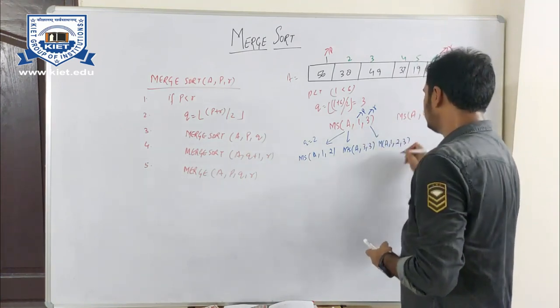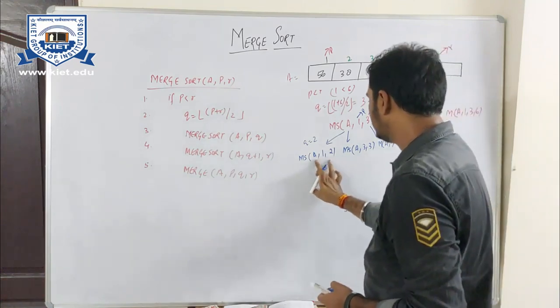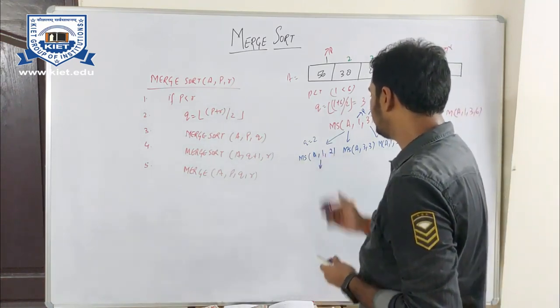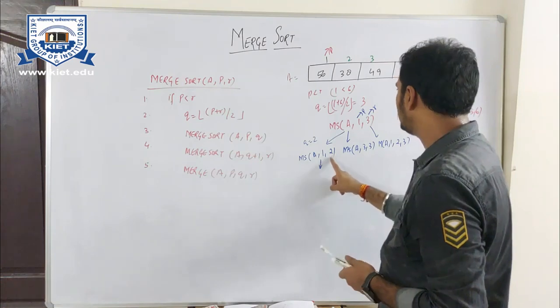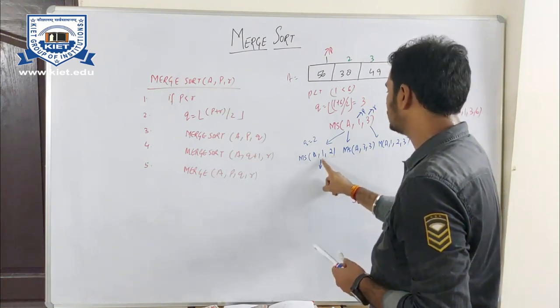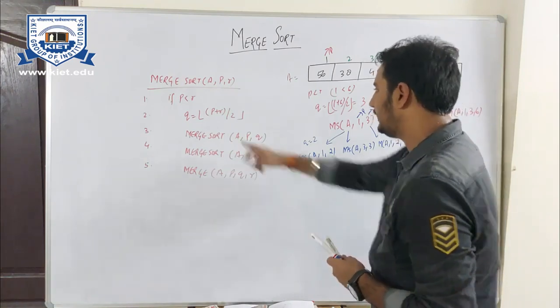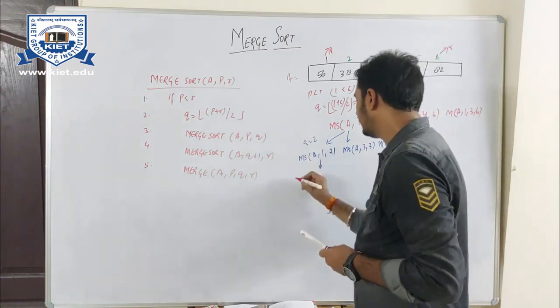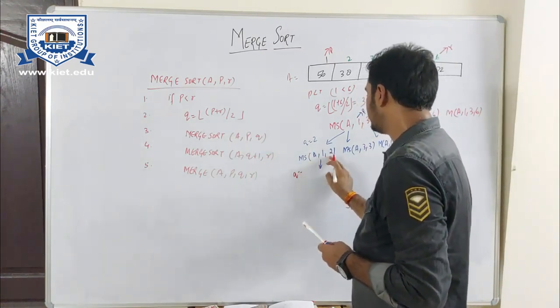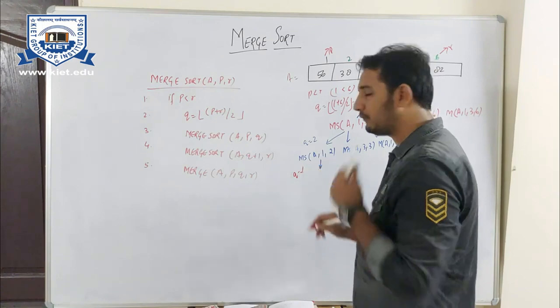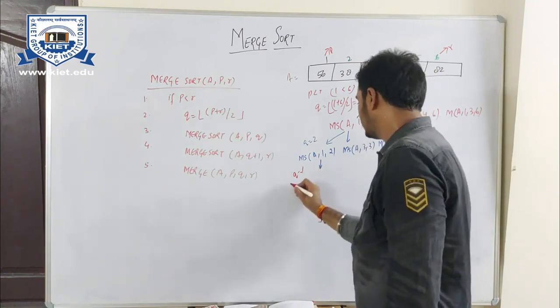2 and 3. Now again on this the value of p is 1 and the value of r is 2. So 1 is less than 2. So we will calculate q, that is 1 plus 2 by 2, 3 by 2, the value of q becomes 1.